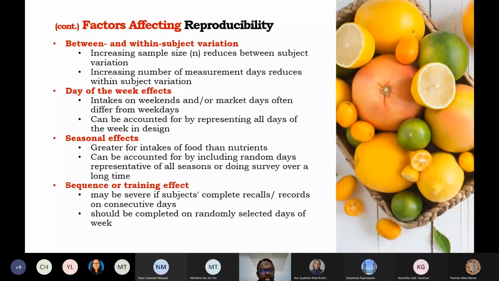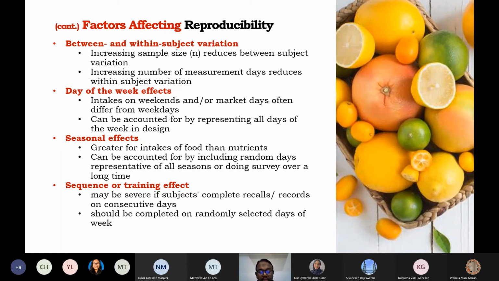Seasonal effects are greater for intakes of foods than nutrients, especially when you are interested in finding out which food groups the person has consumed. So seasonal effect will have greater effects on that type of reporting rather than nutrient reporting.